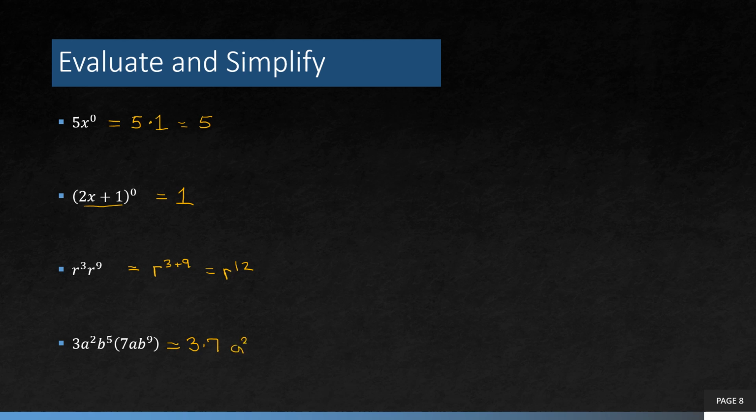So I have a squared, I have another a, then I have b to the 5th and b to the 9th. So 3 times 7 is 21. I have A, I have two of them plus one more. I have a B to the fifth, and I have 9 more. So that gives me 21, A to the third, B to the 14th.